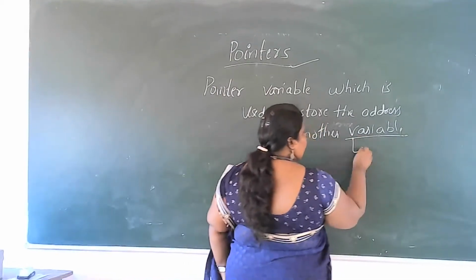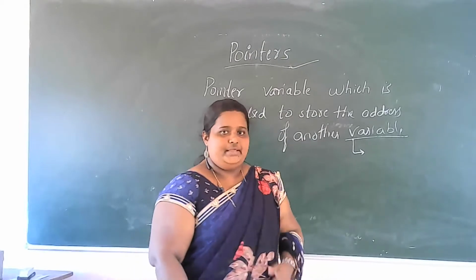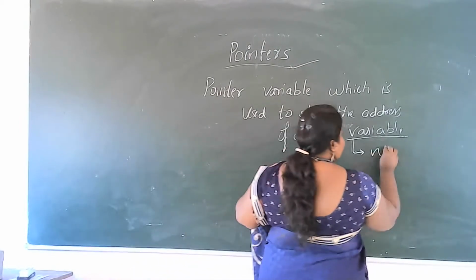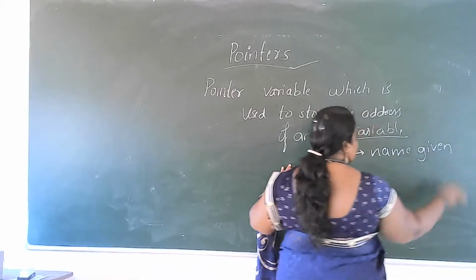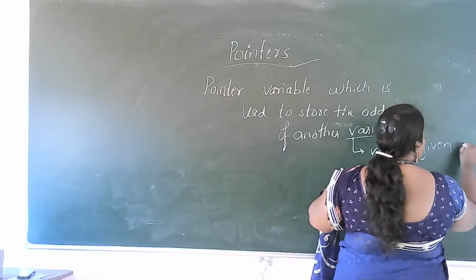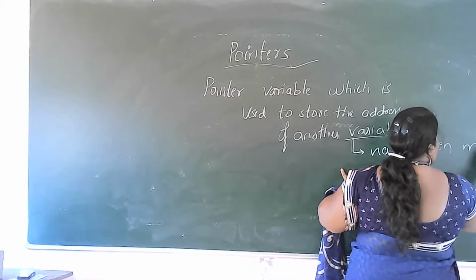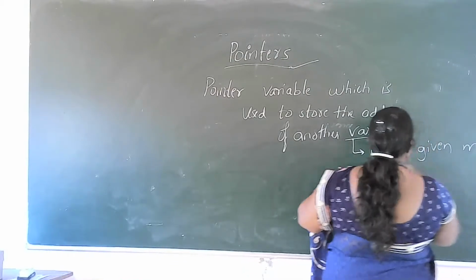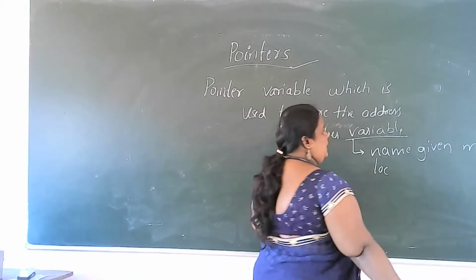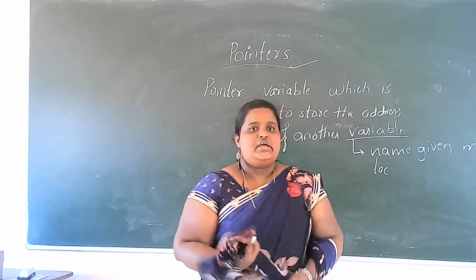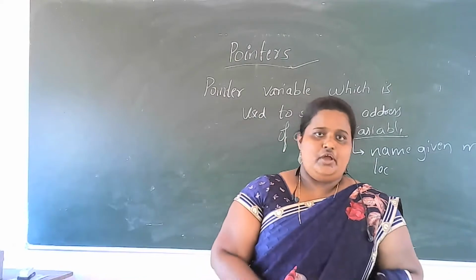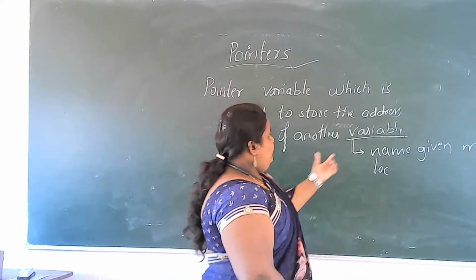What is a variable? What do you mean by variable? Variable is a name given to the memory location whose value can be changed during the execution of your program.